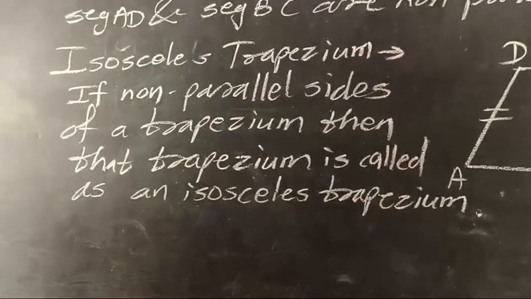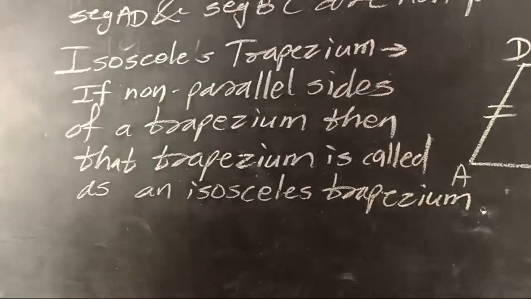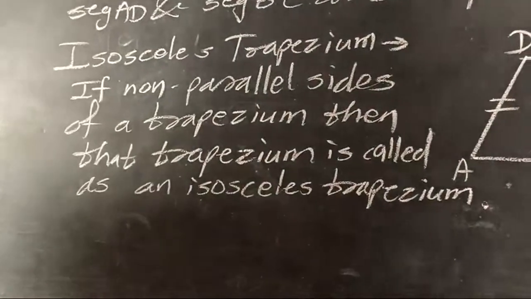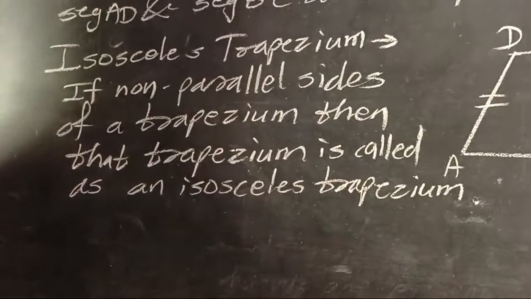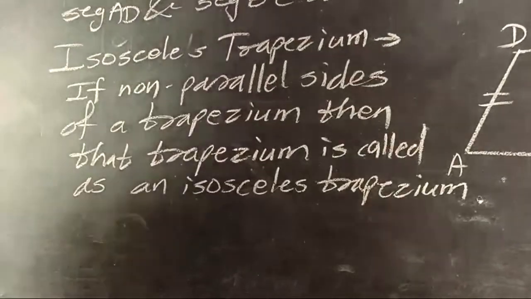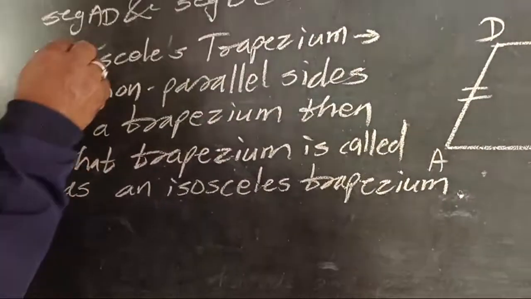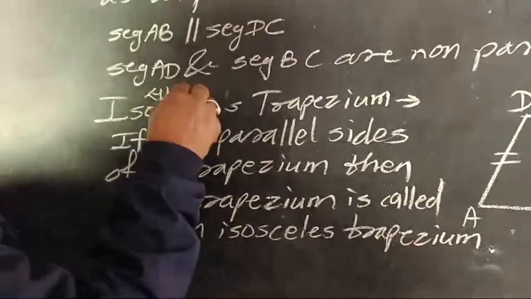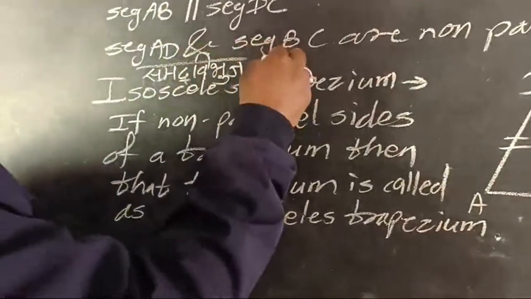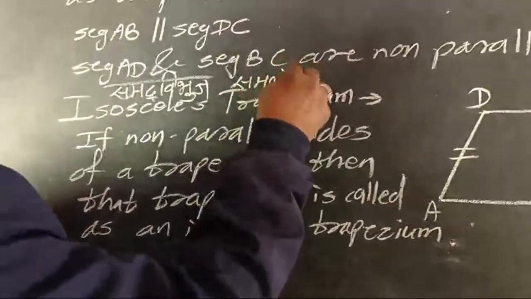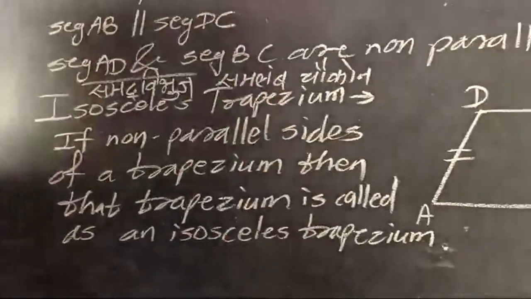Isosceles means samadvibhuj. And trapezium means samlam. Samadvibhuj samlam chaukon.